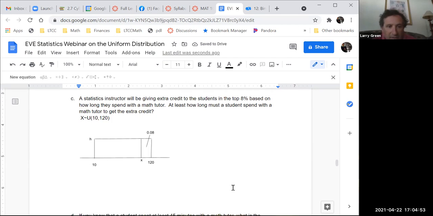Okay, then similar to part B, we're going to say that the area is equal to what? So what's the area of this right rectangle now? The hint is it's easy. It's all written there.